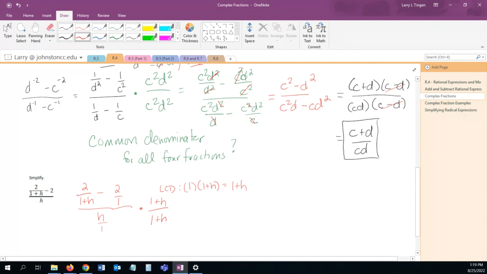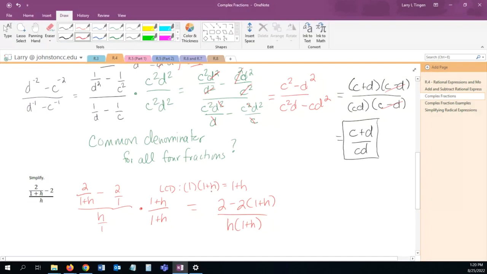It's got a 1 down there as well. So we know that 1 plus h is the LCD. So multiply this through, and I'm going to get 2 minus 2 quantity 1 plus h over h times 1 plus h.